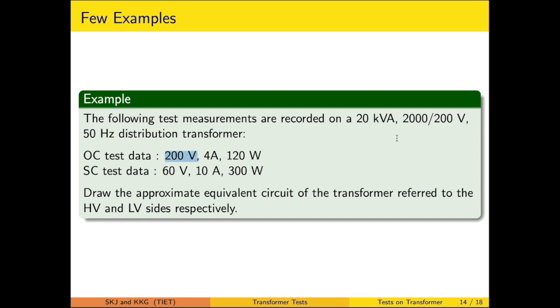So this 200 volt coincides with the low voltage side as mentioned in the previous discussion, and the short circuit test is to be carried out at the rated current. So this test measurement coincides with the rated current at the 2000 volt level. Thereafter we have to calculate the parameters and draw the approximate equivalent circuit as asked.